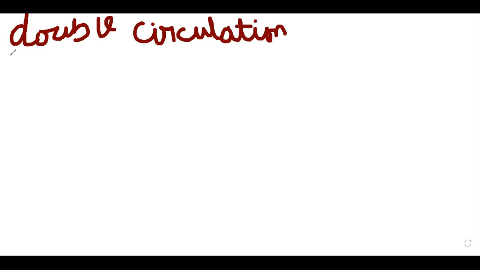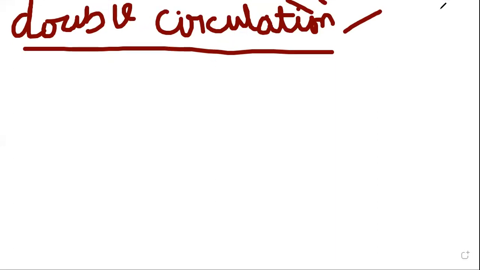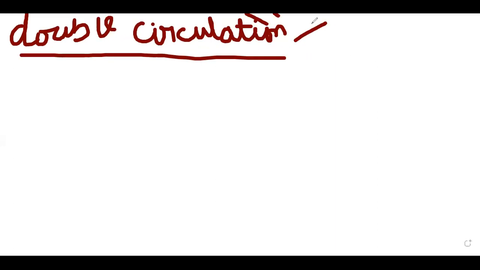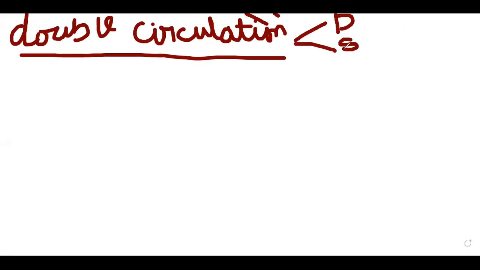In case of double circulation, there is a presence of pulmonary circulation and systemic circulation.